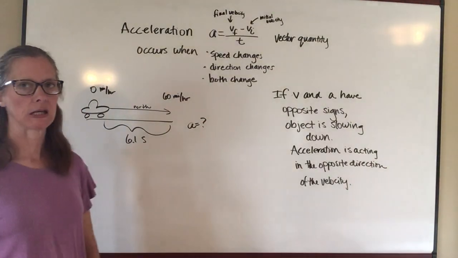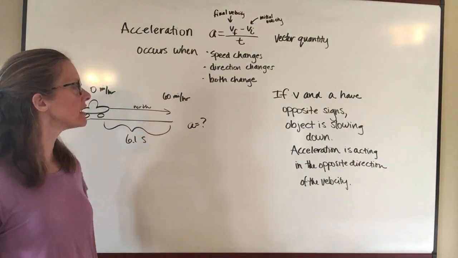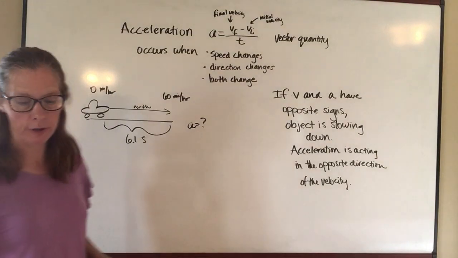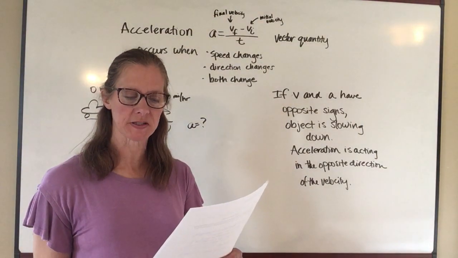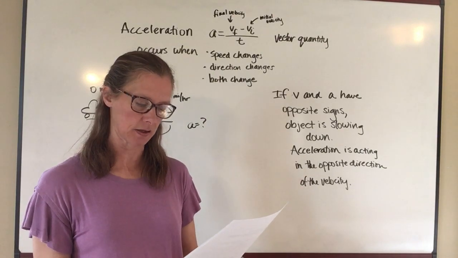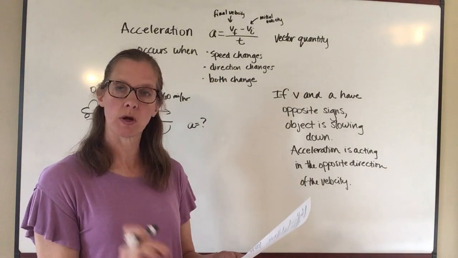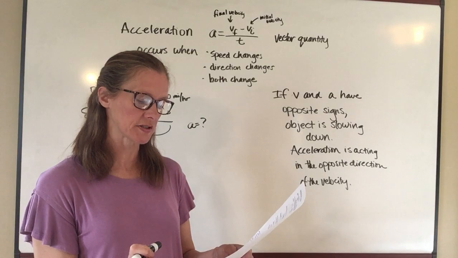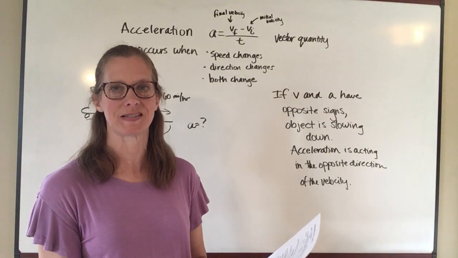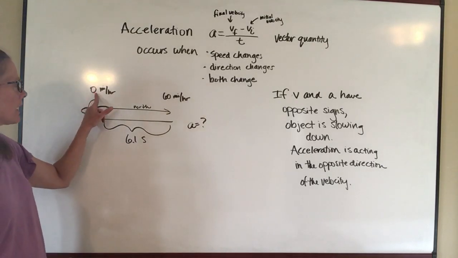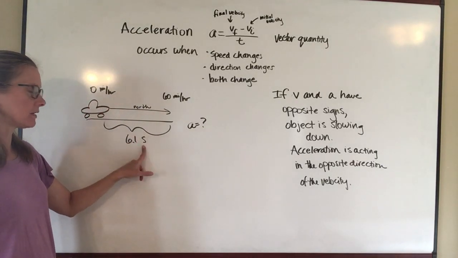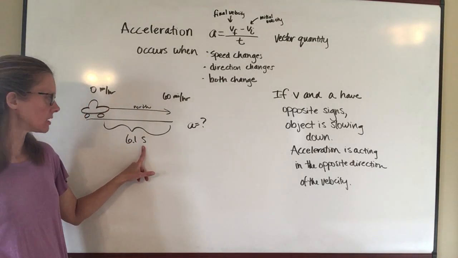Now, you have to be careful on this one, because in the first problem on the rock, I gave you a velocity in meters per second and a time in seconds. The one about the bicycle, I gave you a velocity in feet per second and a time in seconds. But now you have a velocity in miles per hour and a time in seconds.